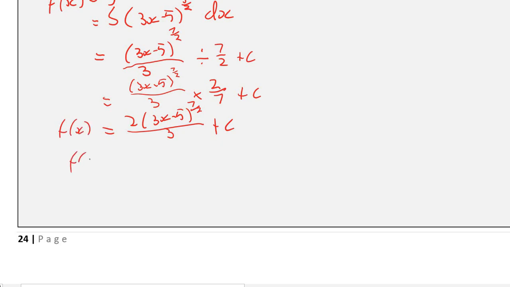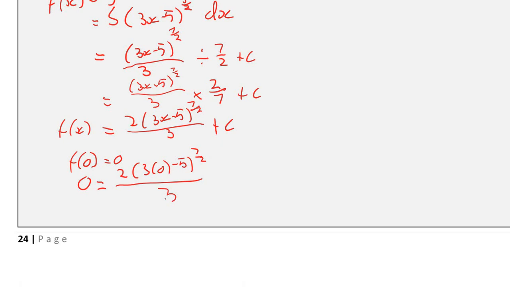And we know f of 0 equals 0. So therefore 0 equals 2 bracket 3 times 0 minus 5 to the 7 halves over 3. Now, I don't have my calculator up on the computer, so I'm just going to have to do this one off to the side.